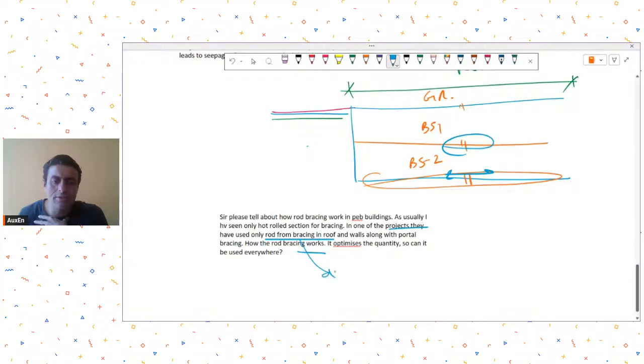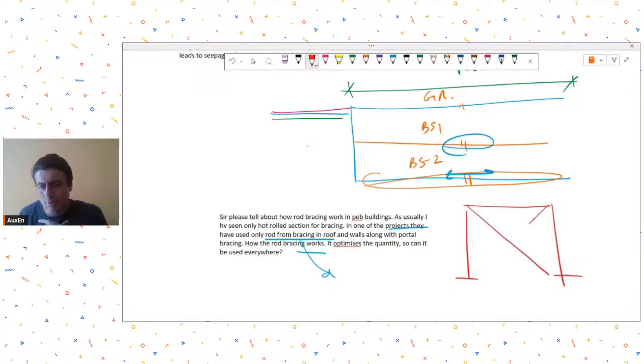No, see, bracing basically works, if this is your portal system, how does bracing work? So bracing resists the lateral load through generation of axial forces.